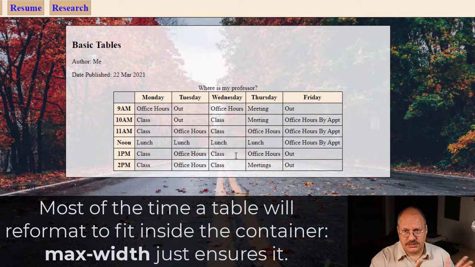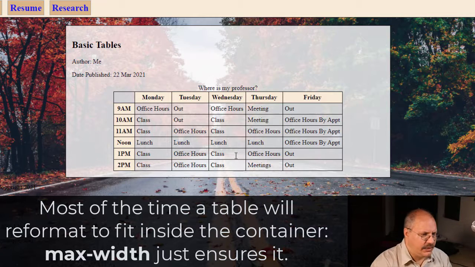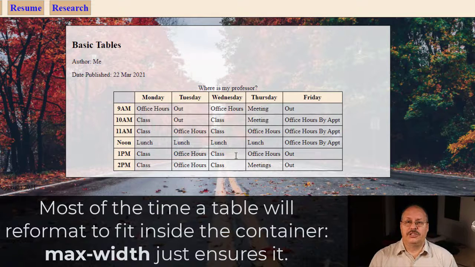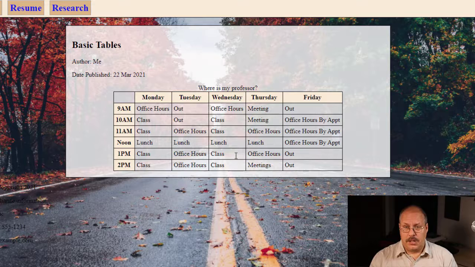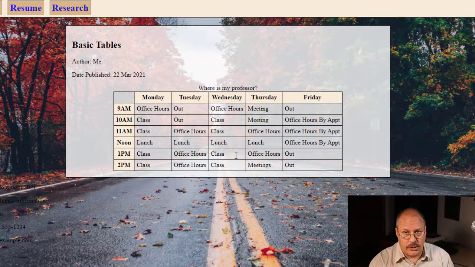So this is just a couple of basic things that we can do. Now, the last thing that I want to do is show you how we can apply what they sometimes refer to as zebra striping. Zebra striping is simply the process of alternating colors on our background rows.